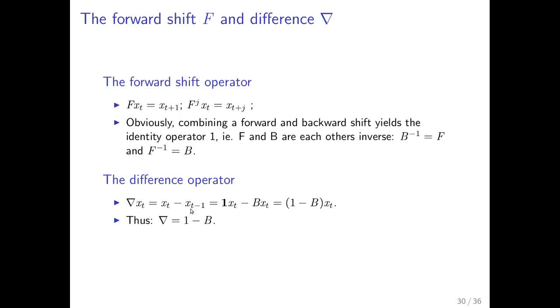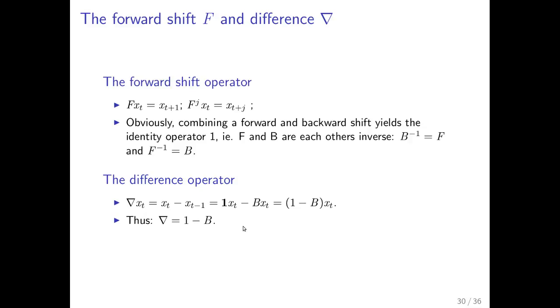Now, if you want to do this operator-wise, we have an identity operator on xt and a B on xt to get xt minus 1. So we can have the operator polynomial 1 minus B applied on xt. That gives us the difference operator. So per definition, the delta here that we'll use for the difference operator is 1 minus B.